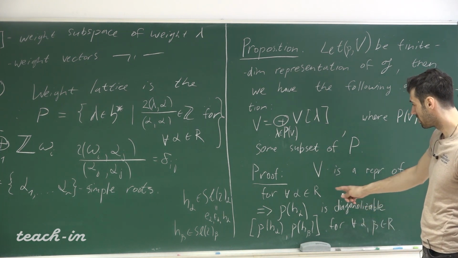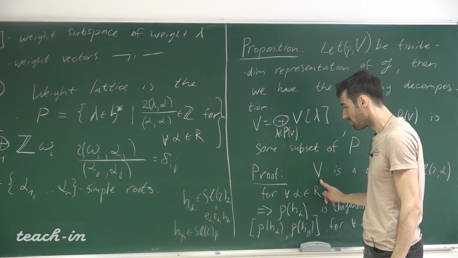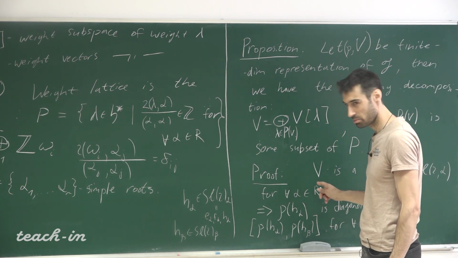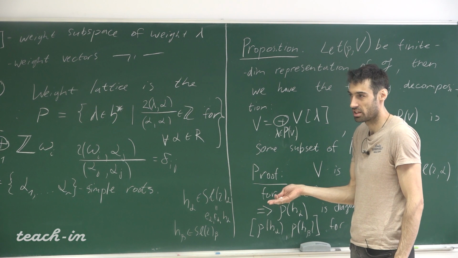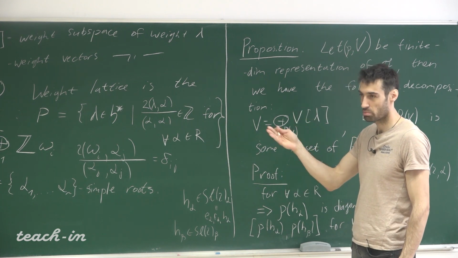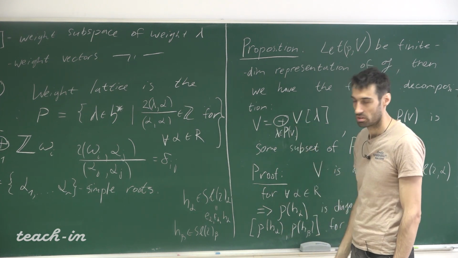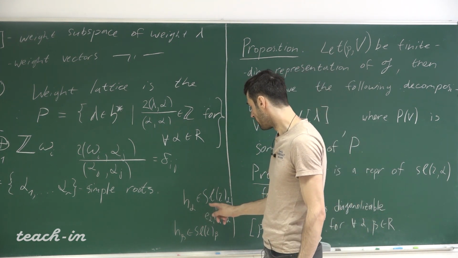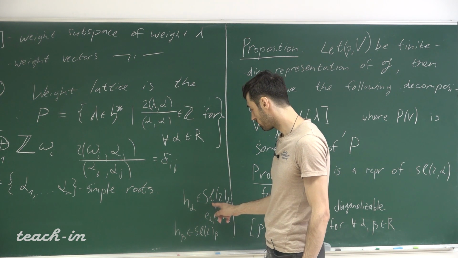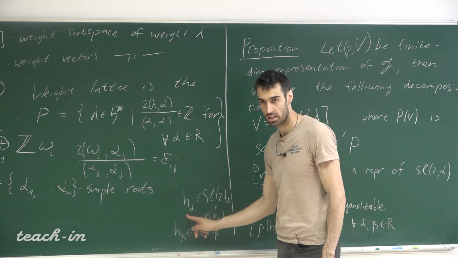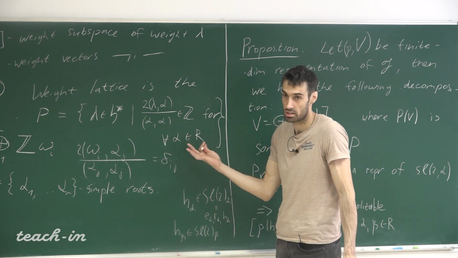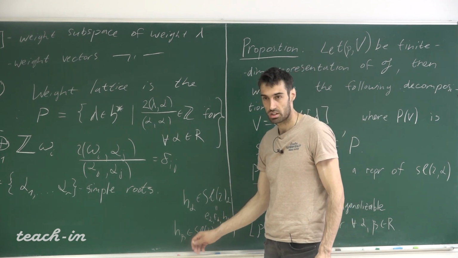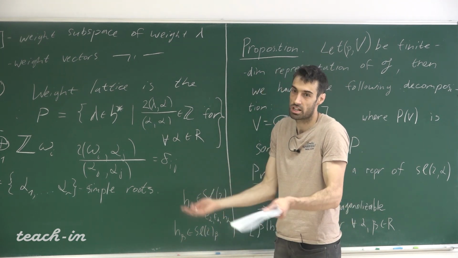Here I'm using the simple statement that if I have a subalgebra, then my initial representation is also a representation of the subalgebra. So V is a representation of the subalgebra, H alpha is diagonalizable there with some basis, and H beta is also diagonalizable, maybe with another basis.